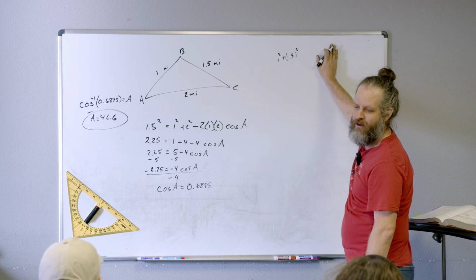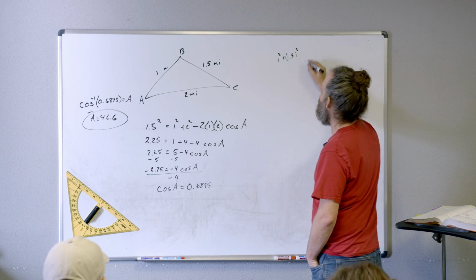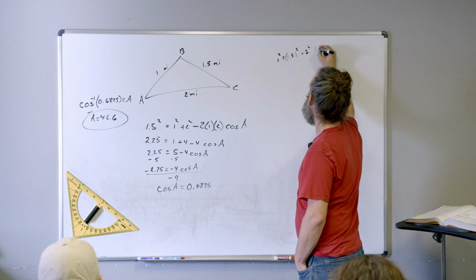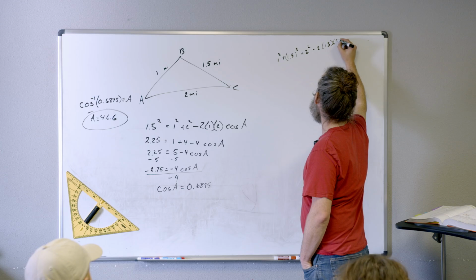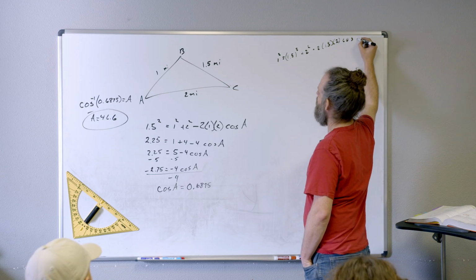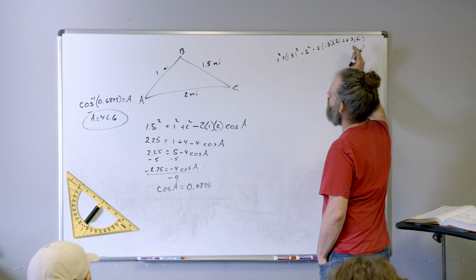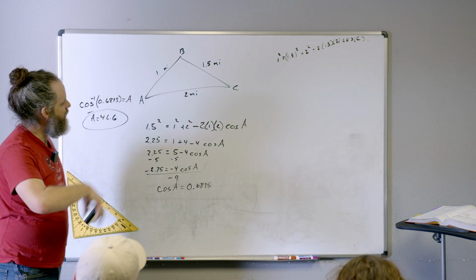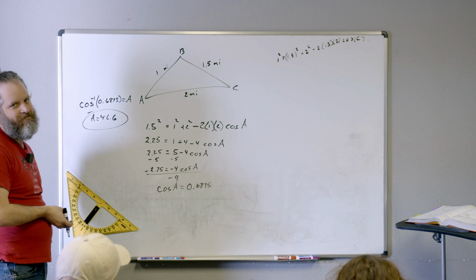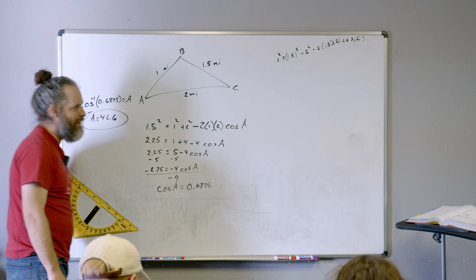So we're going to compound our rounding. Well, yeah, 1.5 squared plus 2 squared minus 2 times 1.5 times 2 times the cosine of C. And you would do all the math to get that one. And the same thing for B, right? Make sense? That's literally this entire lesson.